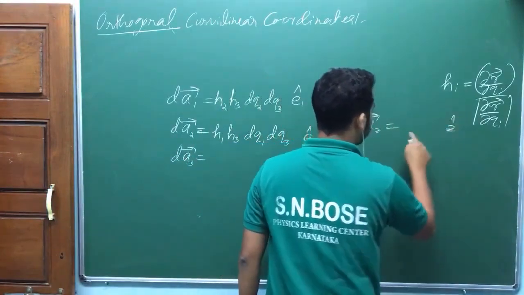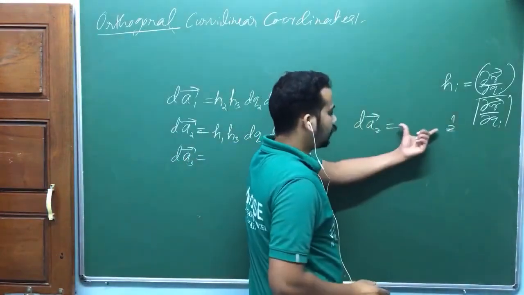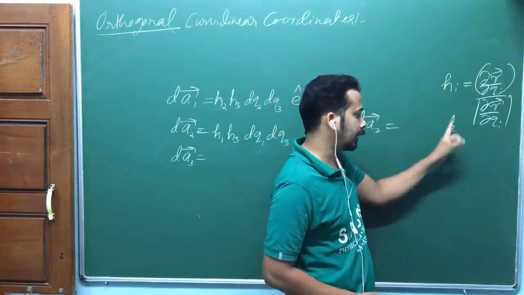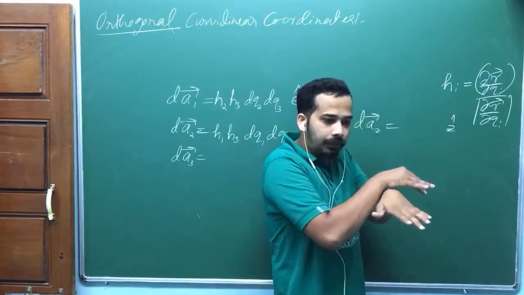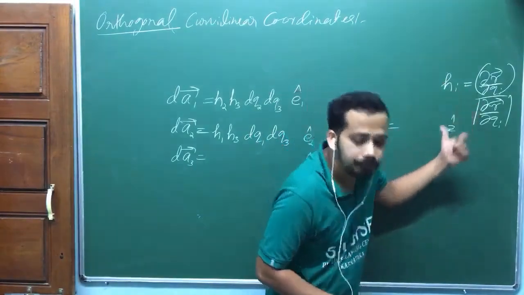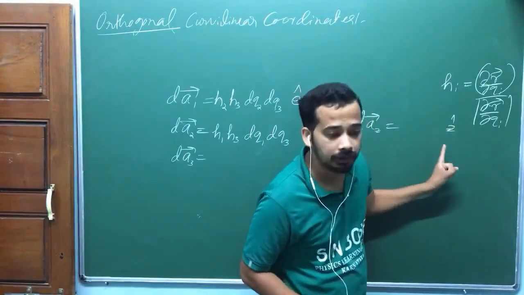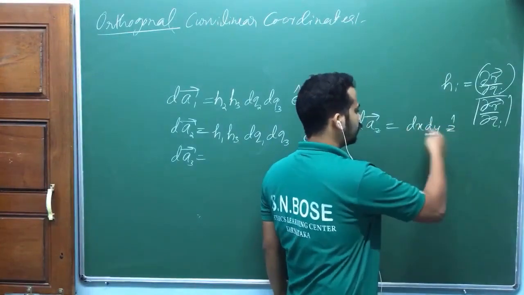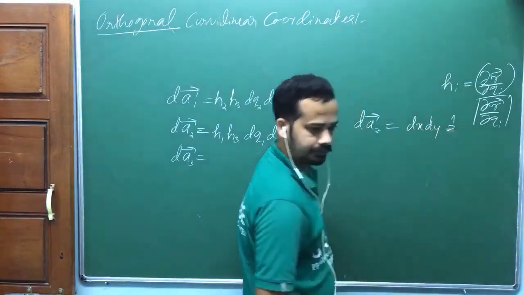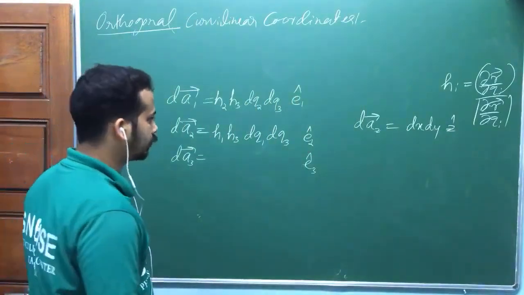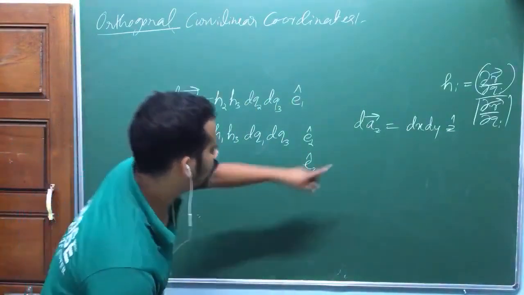Again, this area vector is along z cap, which means the area you are defining is perpendicular to z cap. That's a plane perpendicular to z cap. That was the xy plane actually. So you have written it as dx into dy, or sometimes you put a minus here, depending on the particular condition.